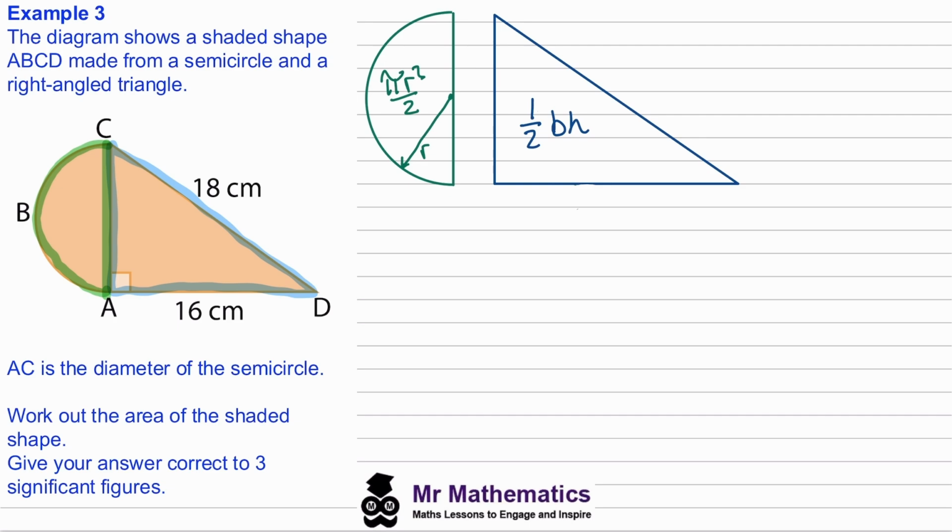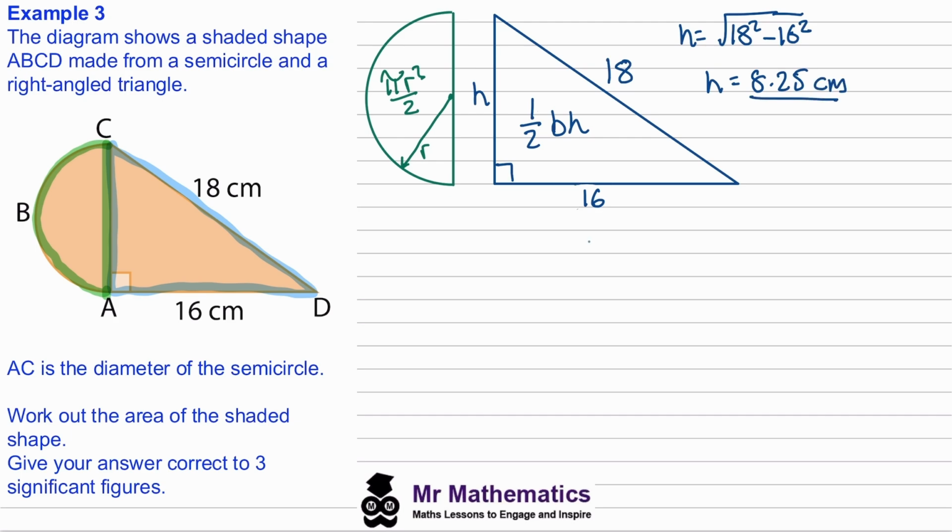And we can work out the height of a triangle using Pythagoras' theorem. We know the hypotenuse is 18 and the base is 16. So the height will be the square root of the 18 squared minus the 16 squared. And this gives us a height of approximately 8.25 centimeters.